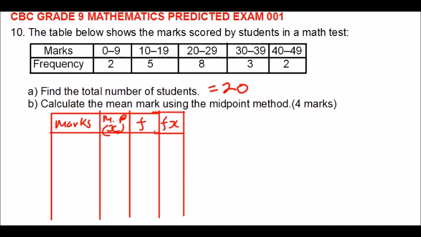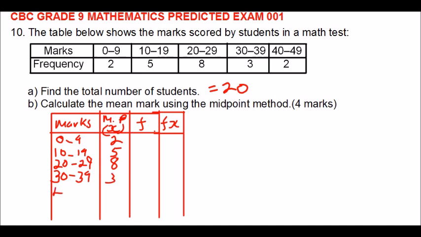This is f. So we have seen the first class is 0 to 9. The frequency is 2. Then 10 to 19, the frequency is 5. 20 to 29, the frequency is 8. 30 to 39, the frequency is 3.